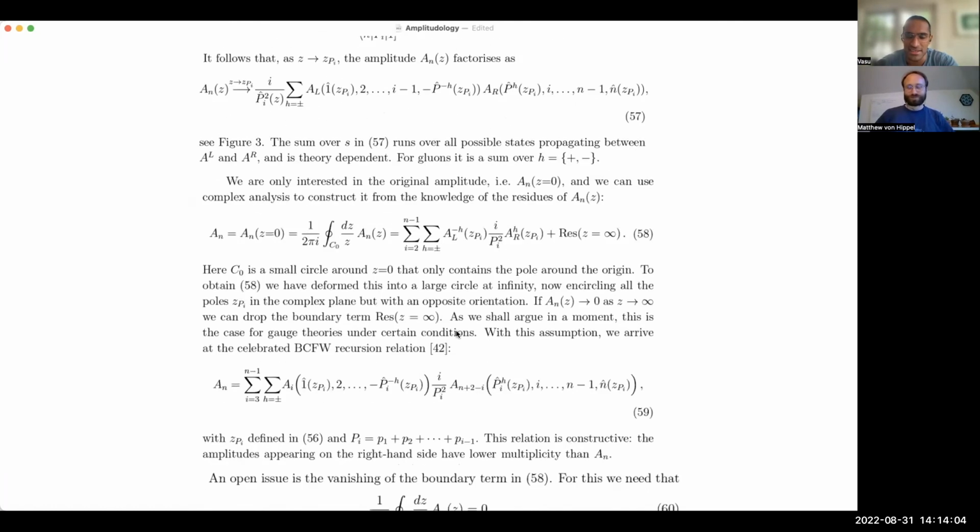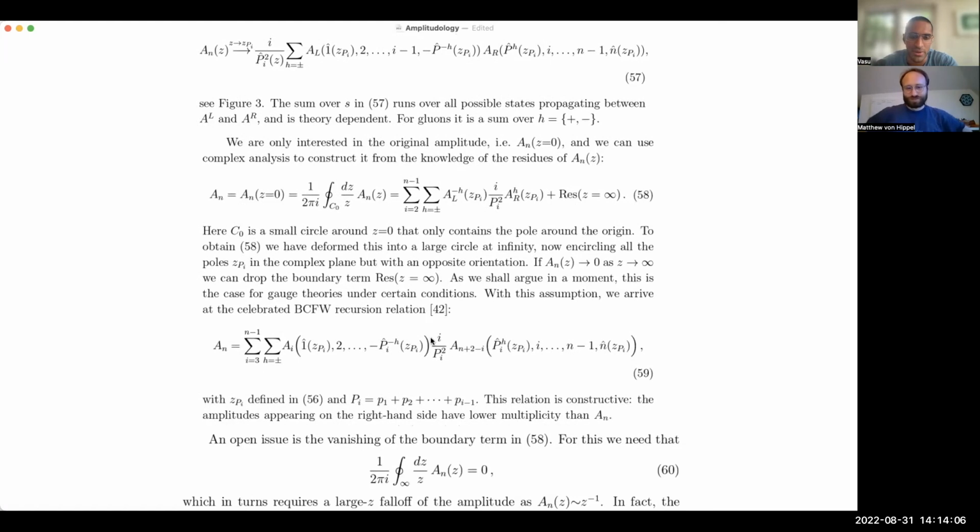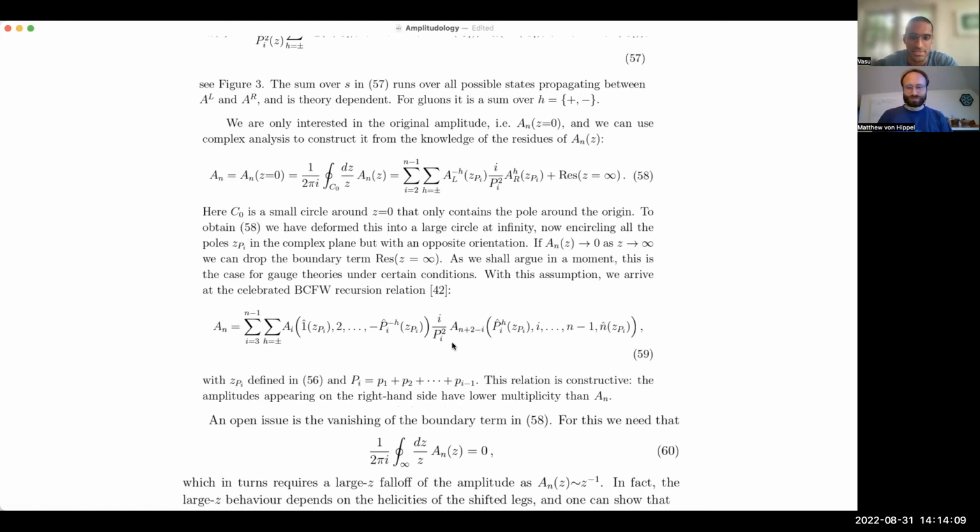And then there's this very cool way of exploiting this otherwise nice and cartoonish fact that tree-level amplitudes are rational functions with poles appearing when there's an exchange of a non-virtual quantum, like a real quantum, and that the residues are products of lower-point amplitudes.